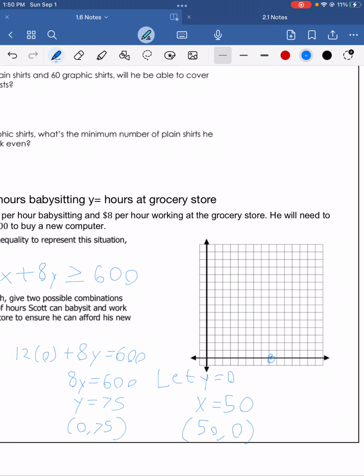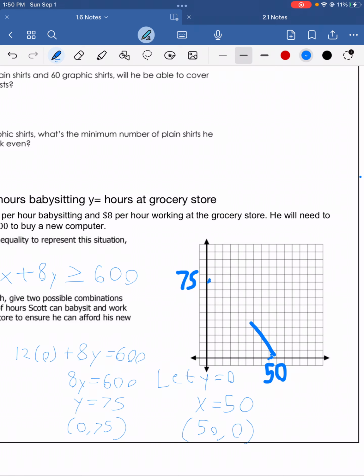So let's just, it doesn't have to be exact. So I'm just going to say over here is 50, that point right there. And then we'll say 75 is like up here. Okay.